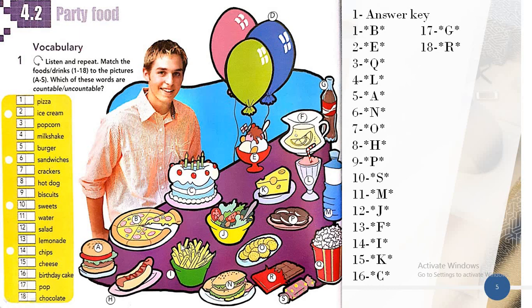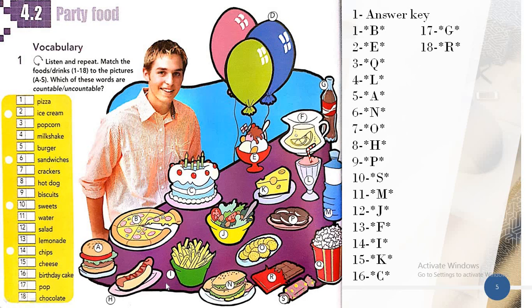Chips is picture I, it's clear. Cheese is picture K. Birthday cake is picture C. Pop is picture, tell me please. Where is the pop?